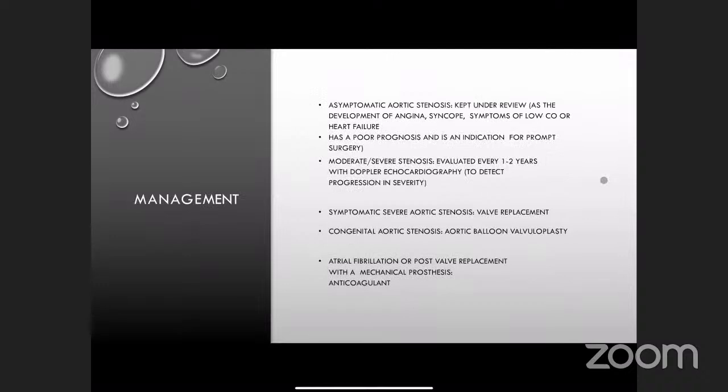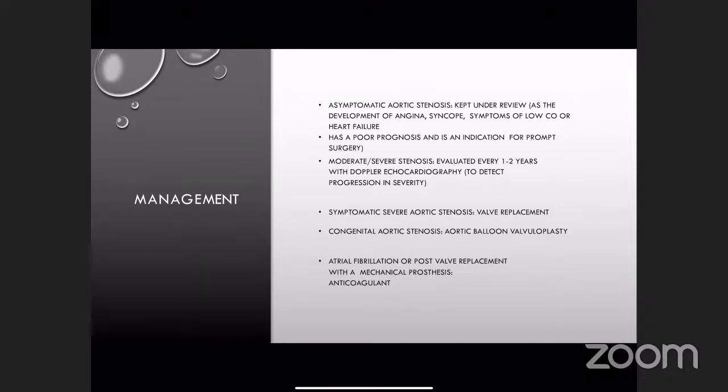So asymptomatic aortic stenosis is kept under review. The development of angina, syncope, symptoms of low cardiac output, or heart failure has a poor prognosis and is an indication for prompt surgery. Moderate or severe stenosis is evaluated every 1 to 2 years with Doppler echocardiography to detect progression in severity.